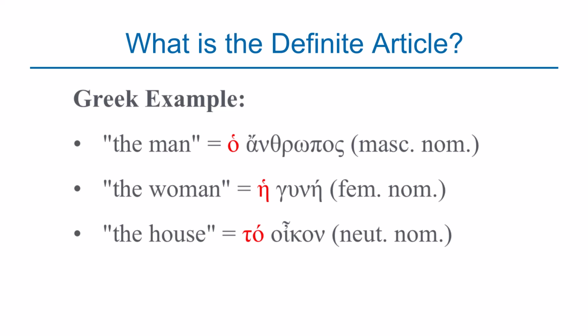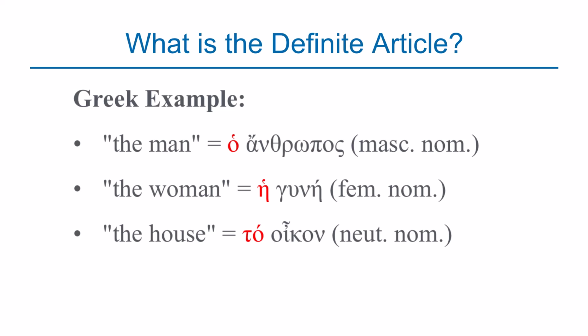But the point we're saying is that when you want to write the word "the" in Greek, it depends on the gender that you are writing it in, because each gender has a way you write the word "the". For example, in the masculine, the word "the" is written as ho. In the feminine, the word "the" is written as he. In the neuter, the word "the" is written as to. But all of those three examples refer to the word "the" in Greek.